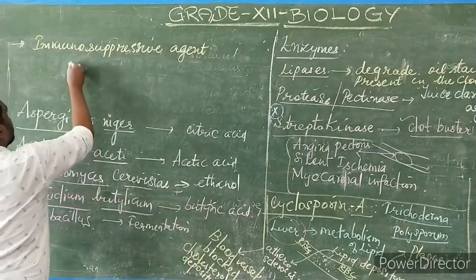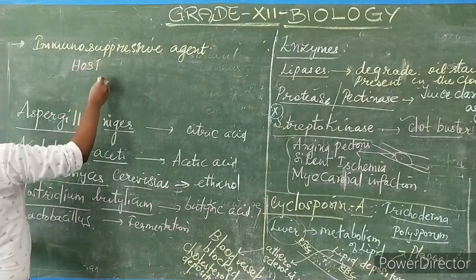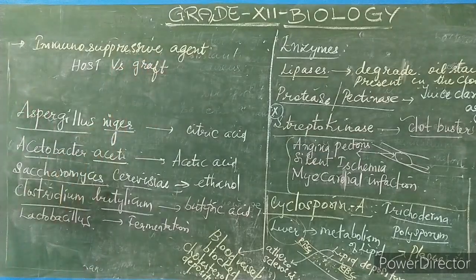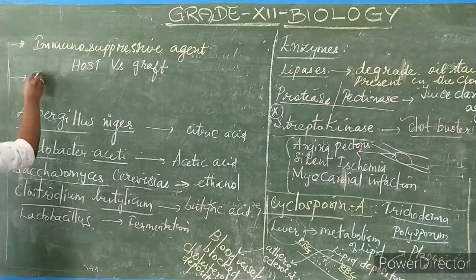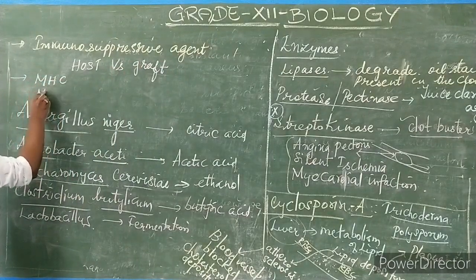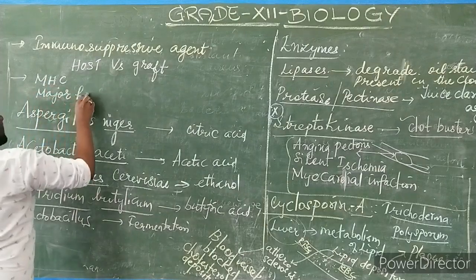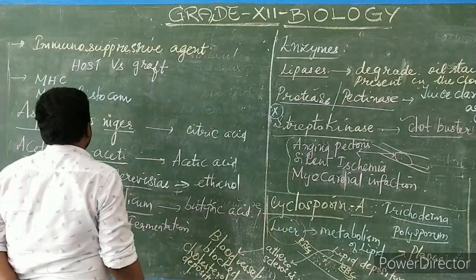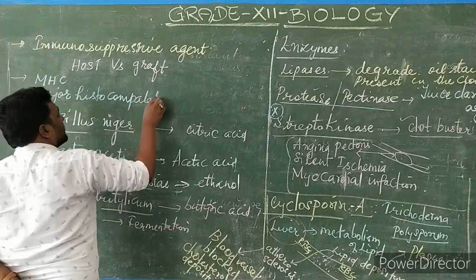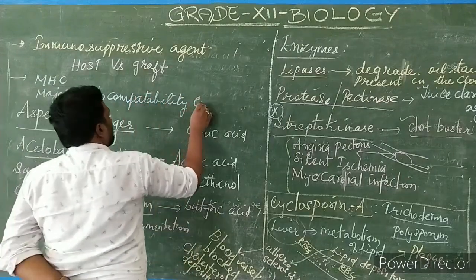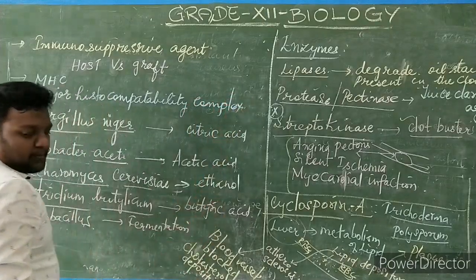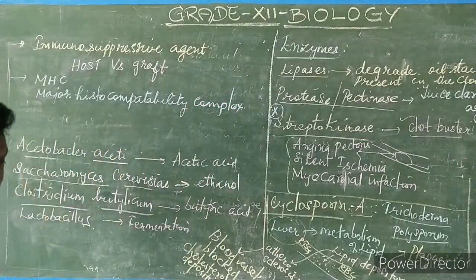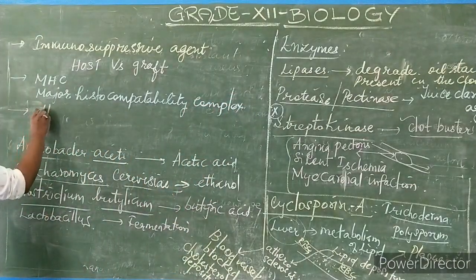It is about host versus graft. And also it helps in the production of MHC, the major histocompatibility complex, as it is called in immunology, and the production of HLA.